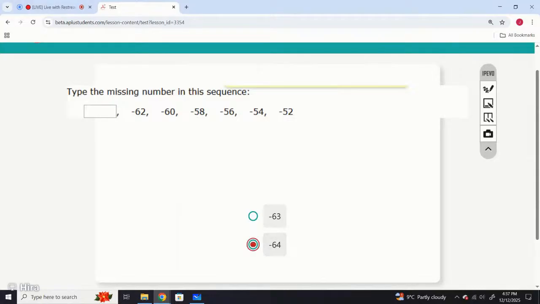The correct option is negative 64, option number 1.